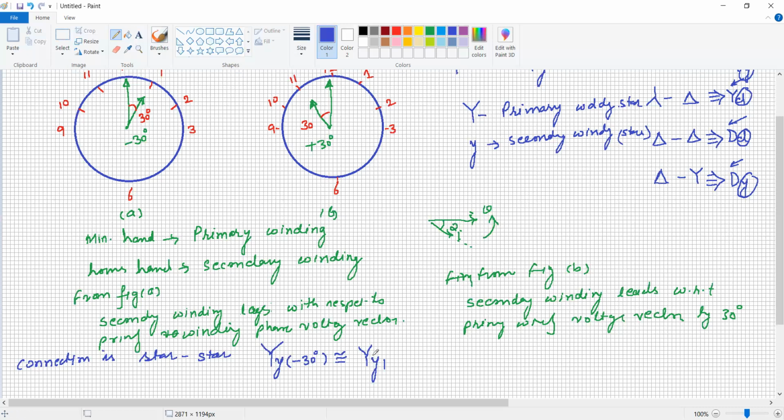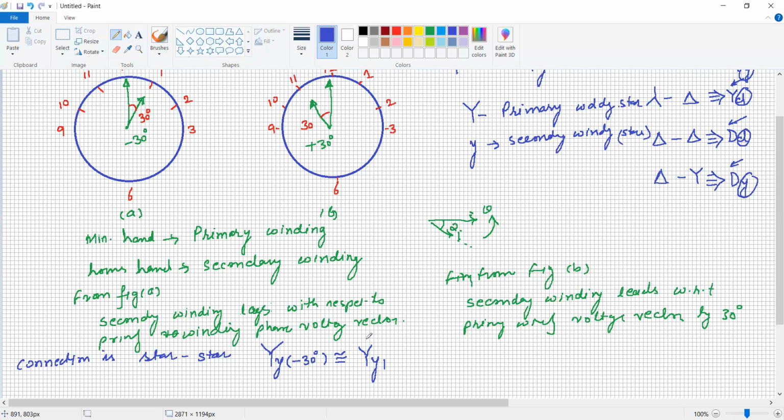It represents the primary winding. The primary winding may be high voltage winding or low voltage winding. It doesn't matter. It is representing the phase angle between EMF induced in the primary winding and secondary winding, not whether it is high voltage or low voltage winding.